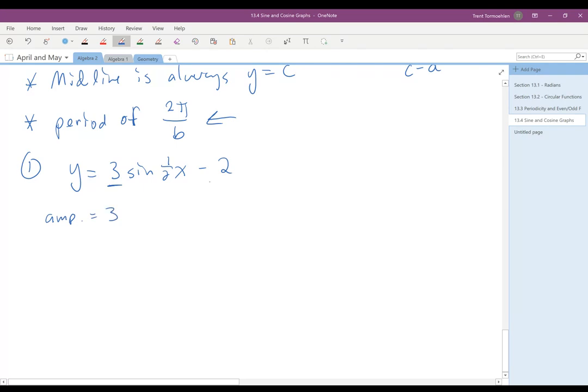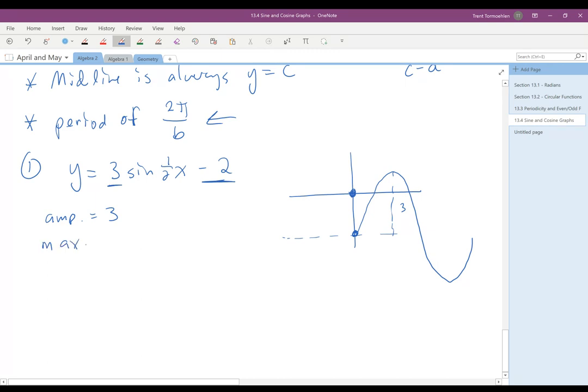And then this, we're shifting it up. It's actually going to be a shift down of 2. So just to kind of sketch out the graph, right? Normally we'd start at 0, 0 for a sine graph, but instead we're starting at now negative 2. And so our graph then is going to go like this. And notice what it does is the amplitude is 3. So what's the min and the max going to be?